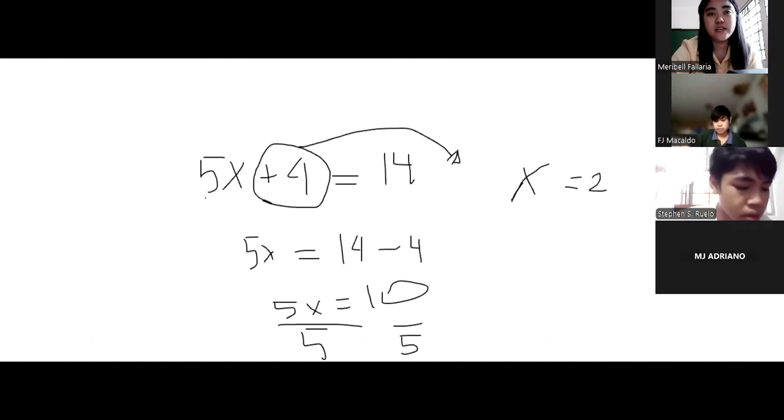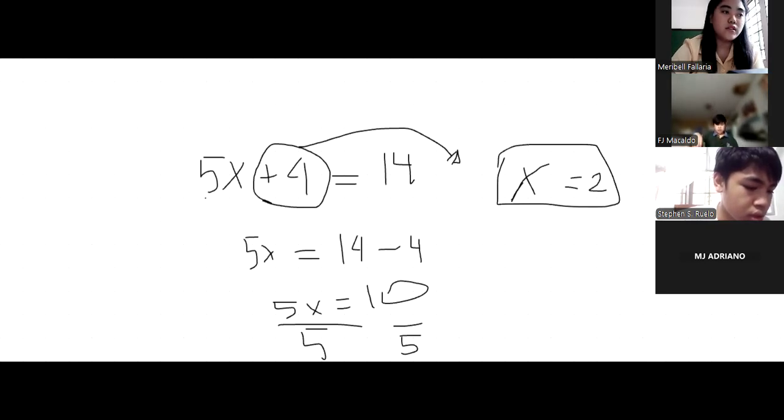And so the answer here is x is equal to 2. So yan lang. You need to follow these steps: transfer, change the sign, solve, and then divide by the number beside x.